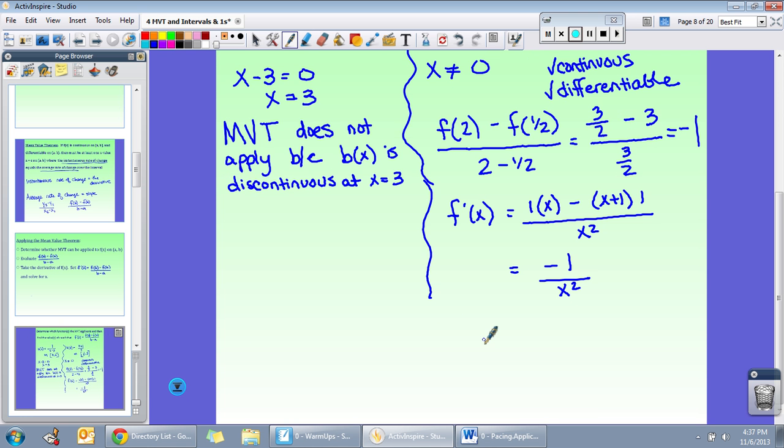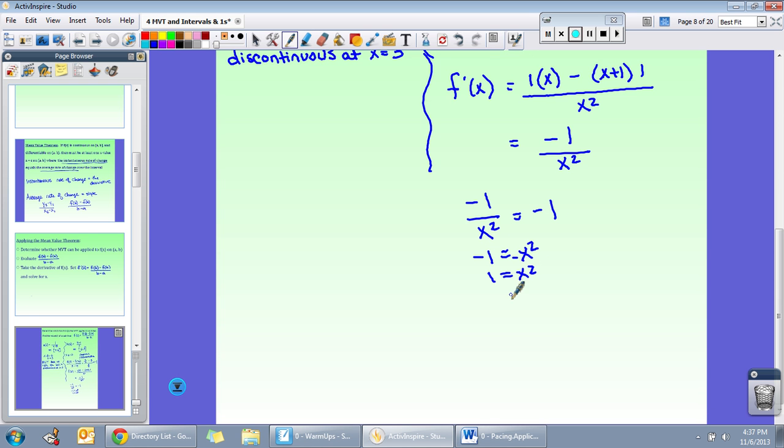Finally, we need to set the average rate of change equal to the derivative, the instantaneous rate of change, and then solve for x. So negative 1 is going to equal negative 1 over x squared, or 1 equals x squared. And then when you take the square root of both sides, you're going to get plus or minus 1 equals x.